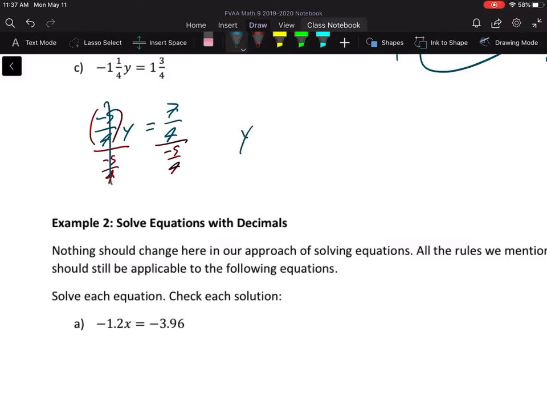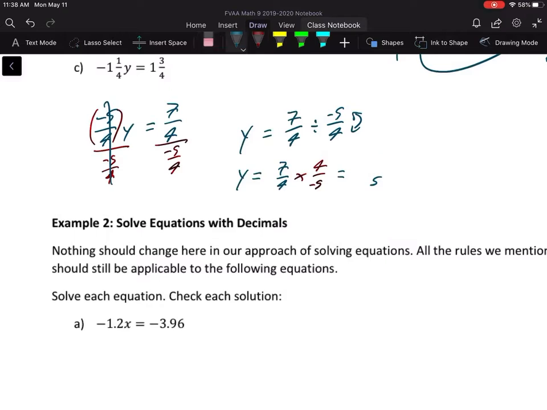I'm going to end up with y is equal to 7 over 4 divided by negative 5 over 4, which I'm going to multiply by the reciprocal. y is equal to 7 over 4 times 4 over negative 5. And that's going to give me negative 7 over 5.